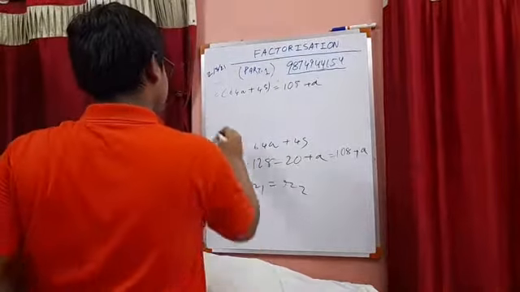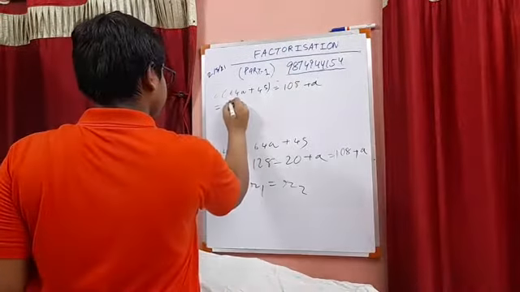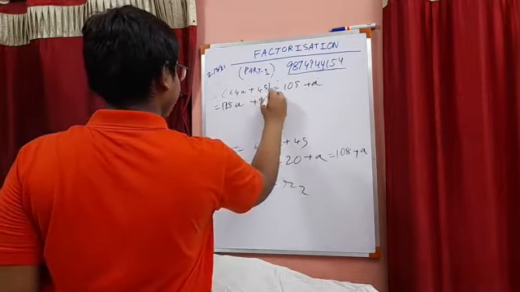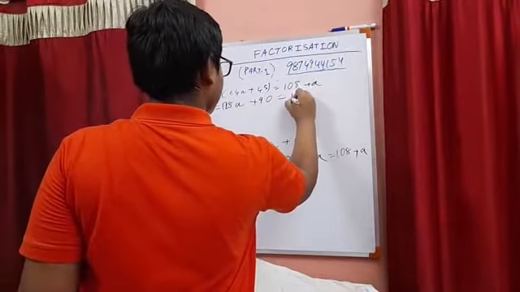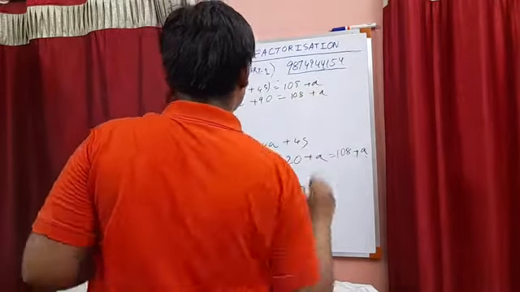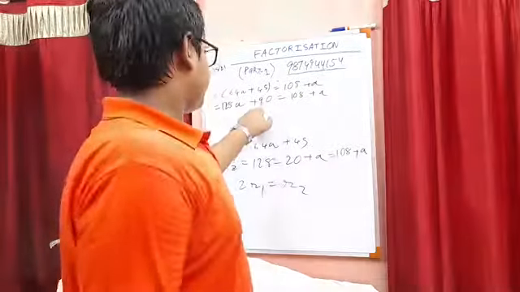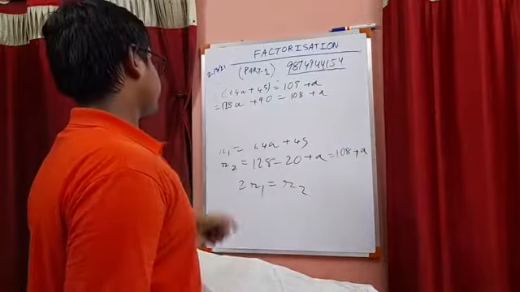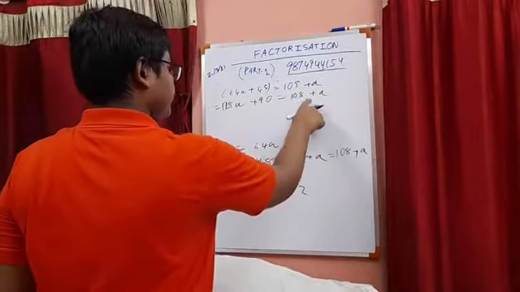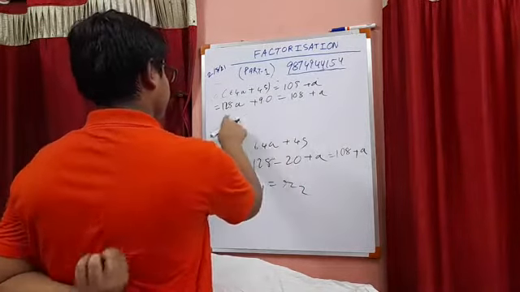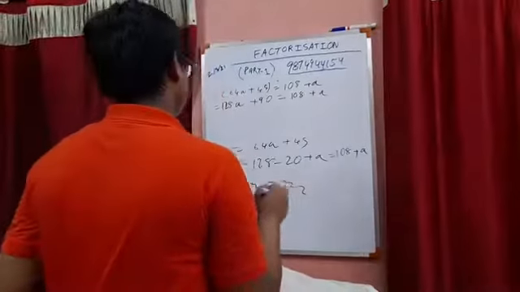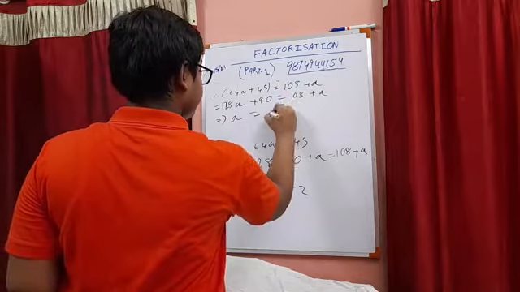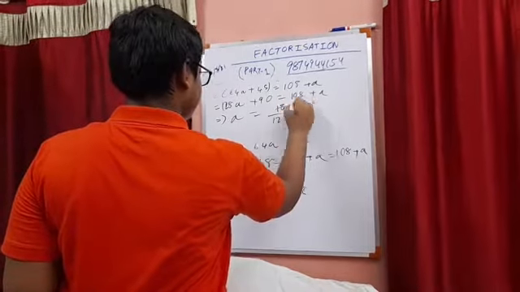Now it will be 128a plus 90 is equal to 108 plus 8. It will be 90 minus 108, which is 18, and 128a over here, therefore a is equal to 18 by 127.